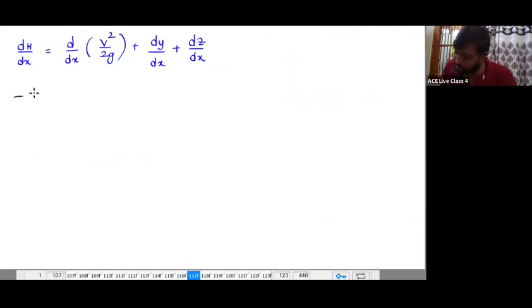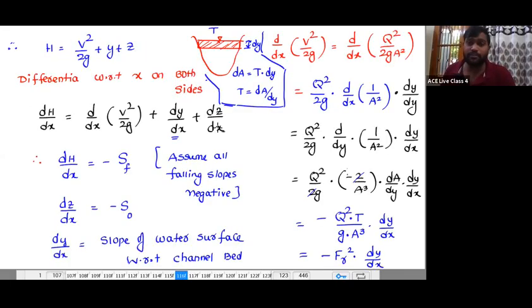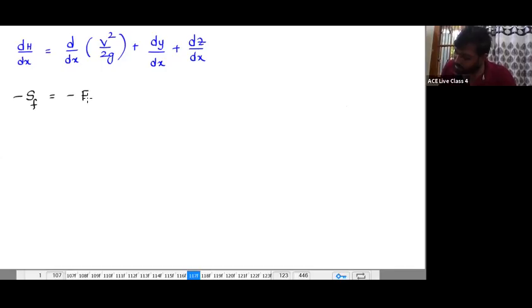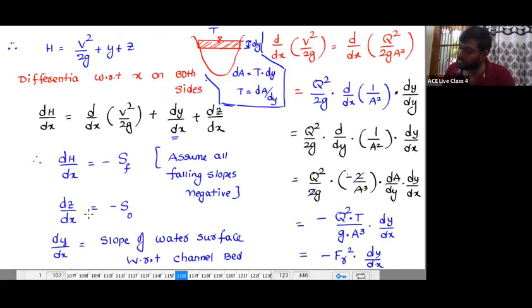The dH by dx is minus Sf. Minus Sf is equal to d by dx of V square by 2g, which is minus Fr square into dy by dx, plus dy by dx, and what is dz by dx?